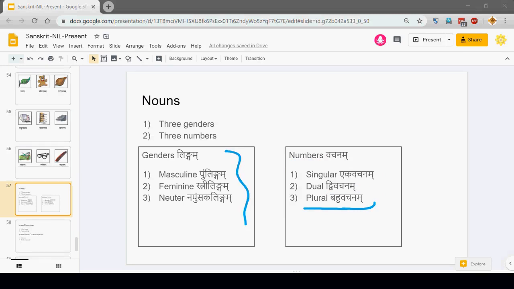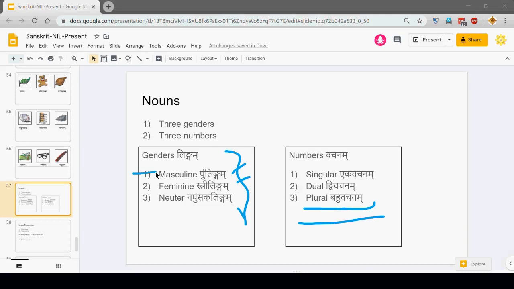But the linga is different from the vachanam. A word which represents an object can be one of the three lingas, right? Pullinga, Strilinga or Napunsaklinga, as we saw before. For the bed, Paryankaha is a Pullinga, or masculine gender.